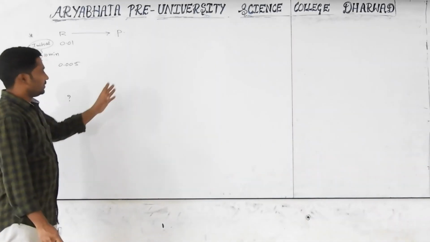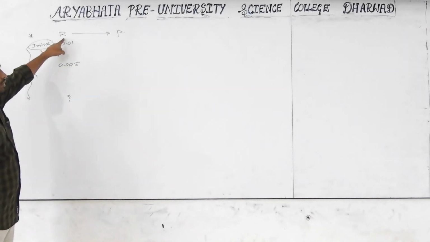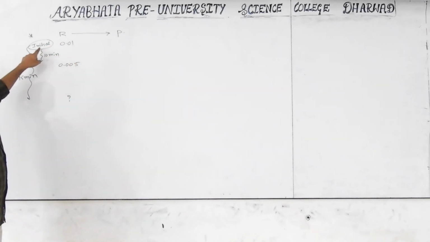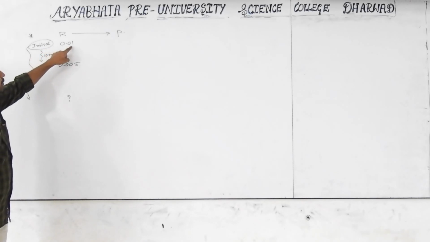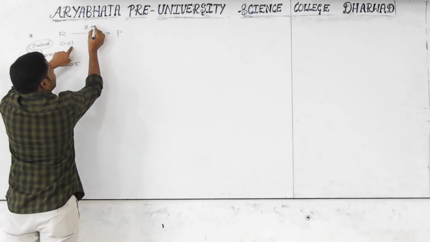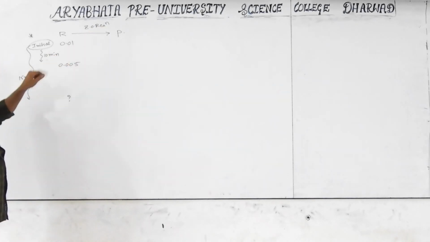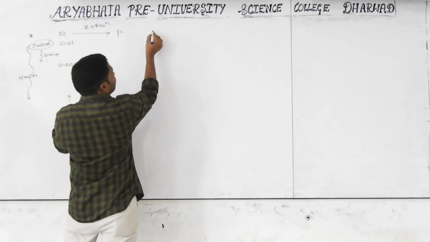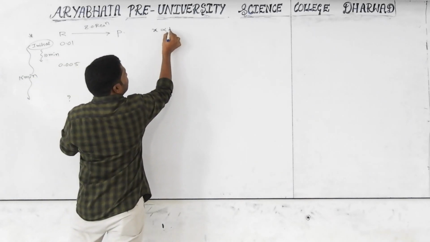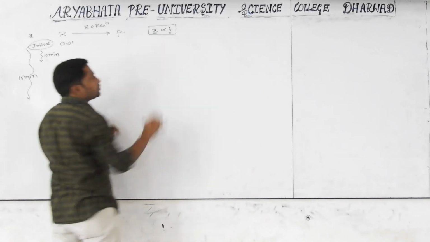Yes. See, for this class, I'm giving some competitive questions. We have a chemical reaction. In this chemical reaction, initially we have 0.01 molar of reactant. We only mentioned it is the zero order reaction. Otherwise, we can't solve. In the zero order reaction, we already know x is directly proportional to time taken. x means change in concentration is directly proportional to time.